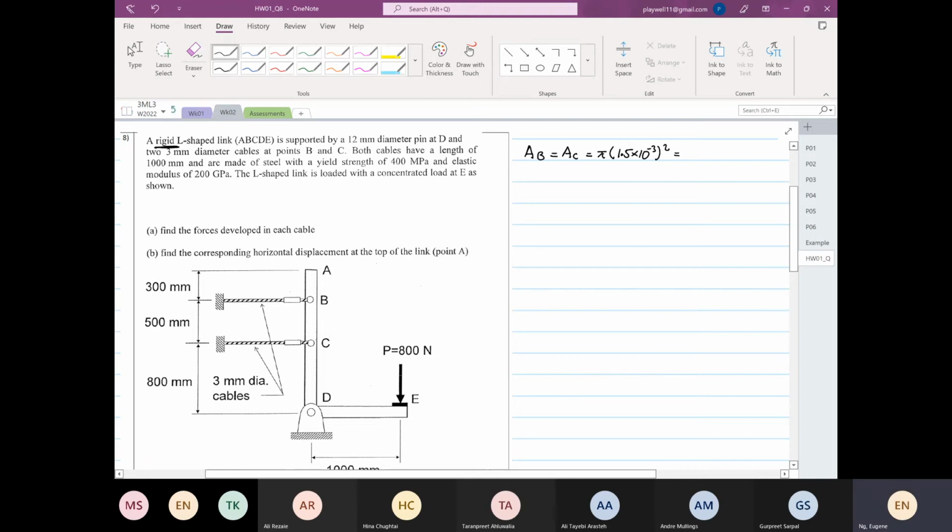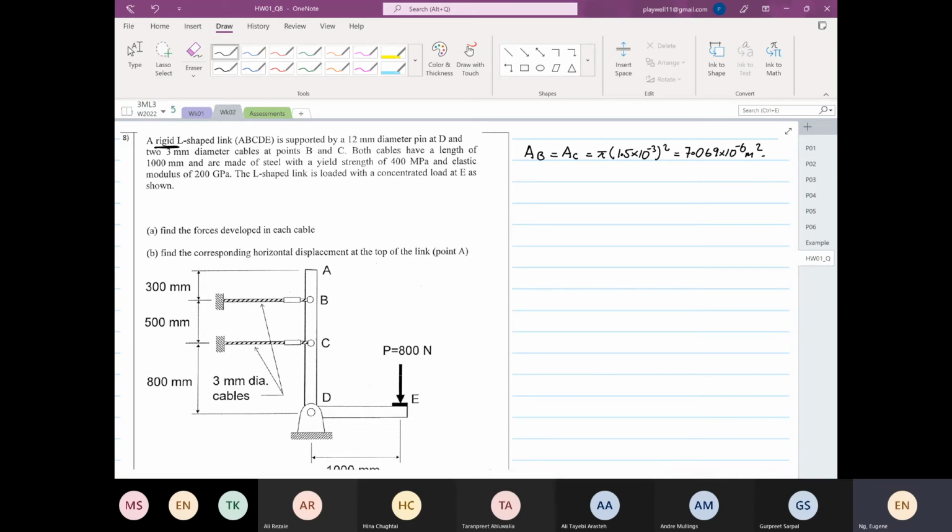Why 1.5? Because the diameter is 3 millimeters. 1.5 times 10 to the power minus 3, squared, times pi, is equal to 7.069 times 10 to the power minus 6 meters squared. I'll do it again: 1.5 times 10 to the power minus 3 squared, shift pi, 7.069 times 10 to the power minus 6.